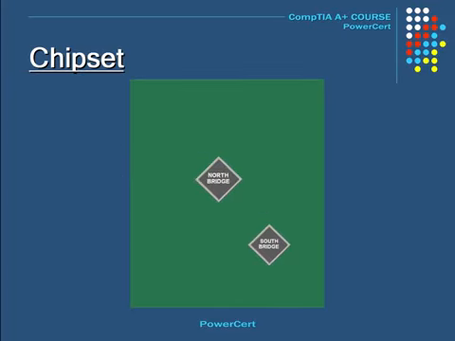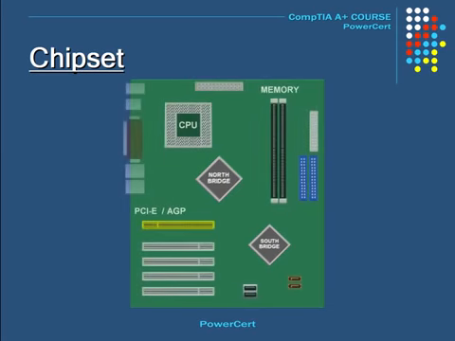The chipset basically consists of two chips. One is called the North Bridge, and the other is called the South Bridge. The North Bridge is located in the upper, or northern, part of the motherboard, provided you're looking at the motherboard in the upright position. It's located near the CPU and is directly connected to the CPU.